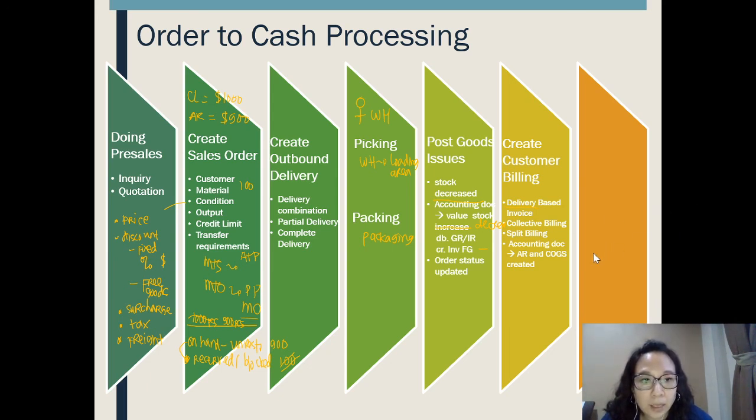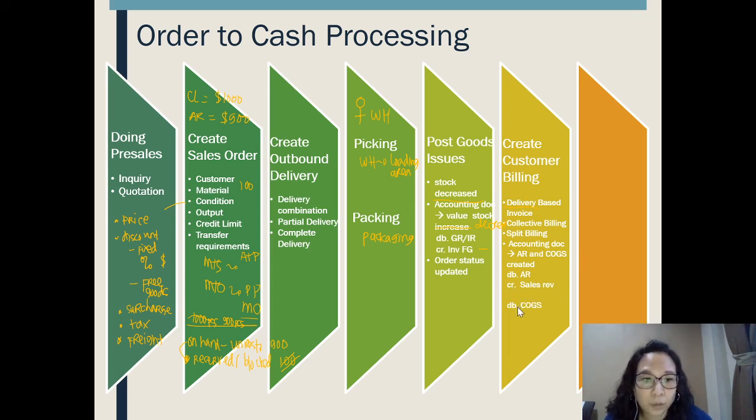And then there will be an accounting document where the AR and COGS will be created together. The AR will be created in the debit, because AR is considered as our asset. The AR is the customer account receivable, and it is considered as our sales revenue.